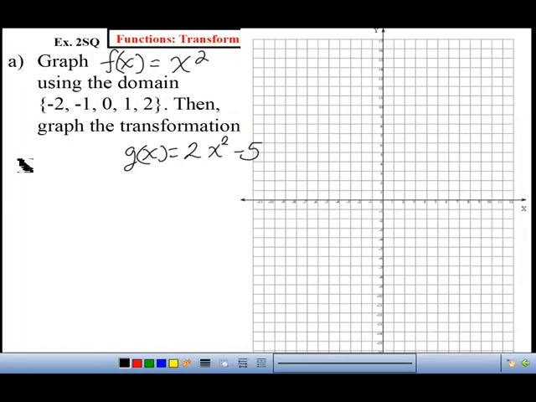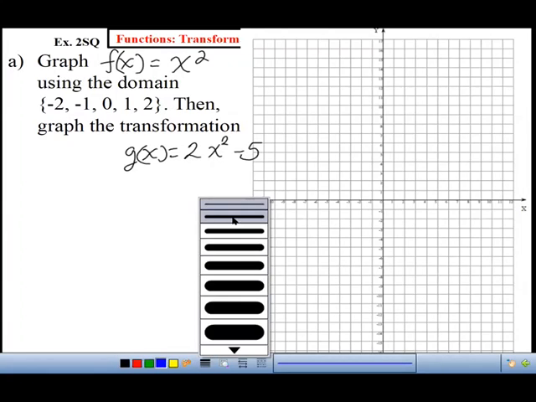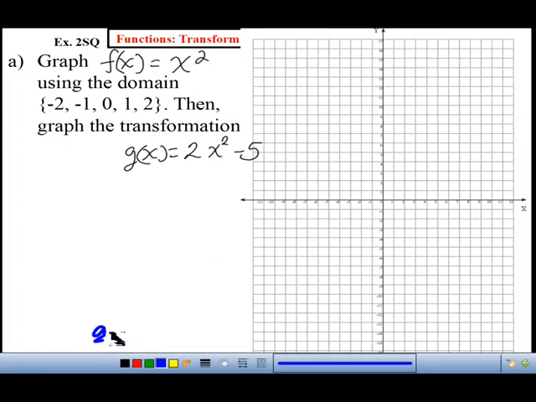All right, so look up to the screen really quick. I'm going to write my general rule once again down here in blue. g of x equals a times f parentheses x minus h close parentheses plus k. However, look what I'm going to do to the general rule now.